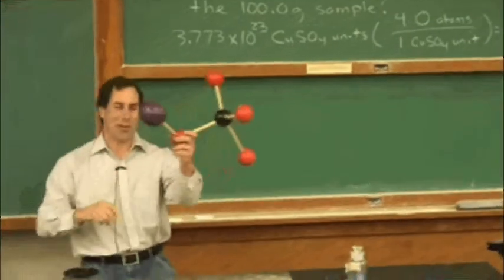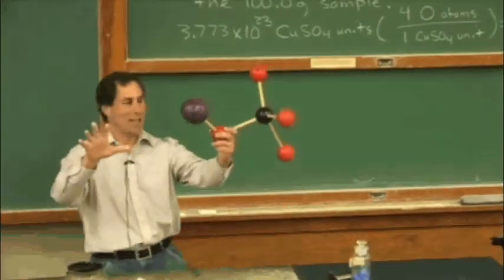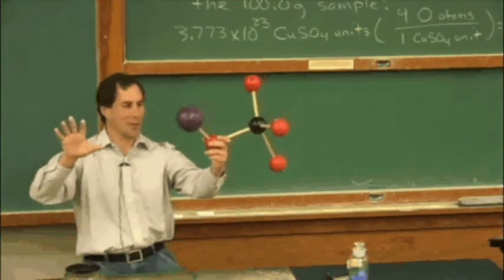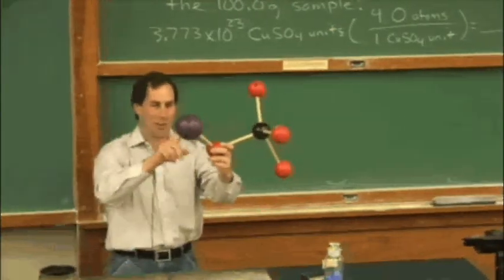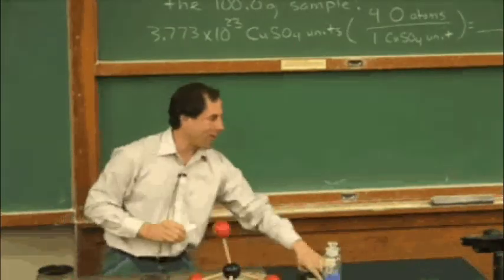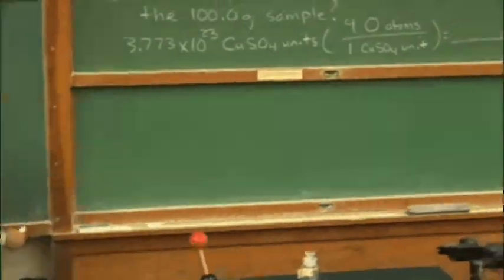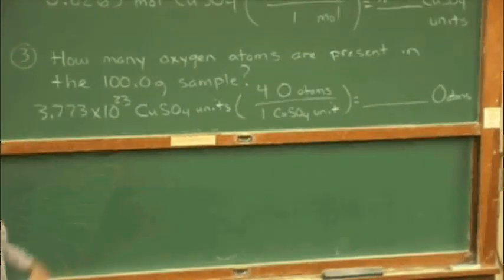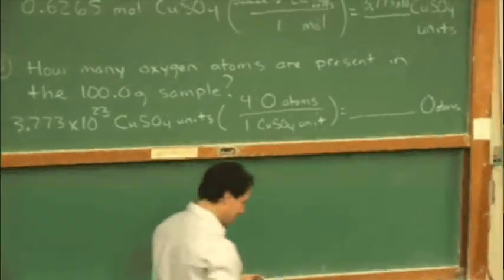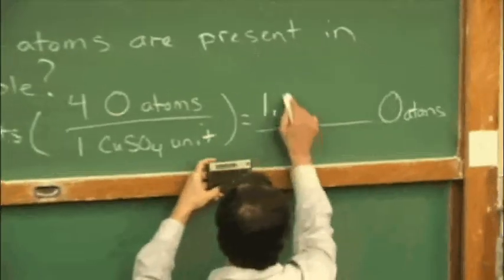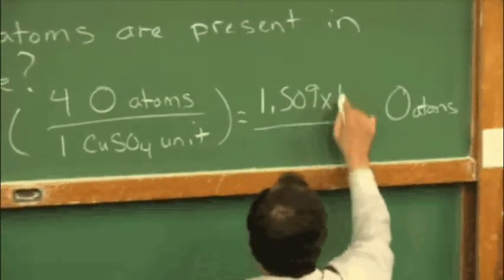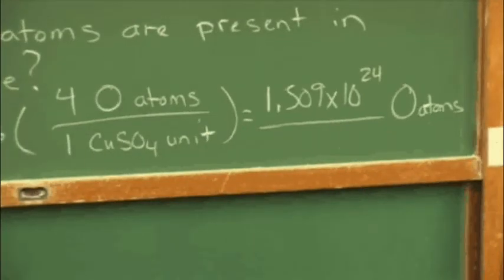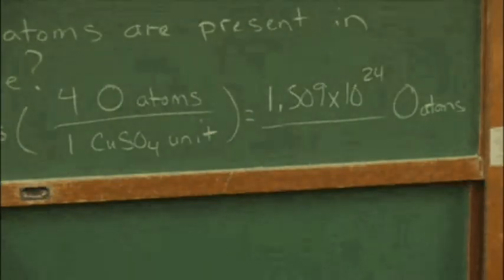If you had 2 of these units, one here and one next to it, you would say you've got 4 oxygens times 2 for a total of 8. Well, we've got 4 oxygens per unit, and we have a whole lot of units. So on our calculators, 3.773 times 10 to the 23rd times 4 oxygen atoms. And I calculate 1.509 times 10 to the 24th oxygen atoms. That's it.